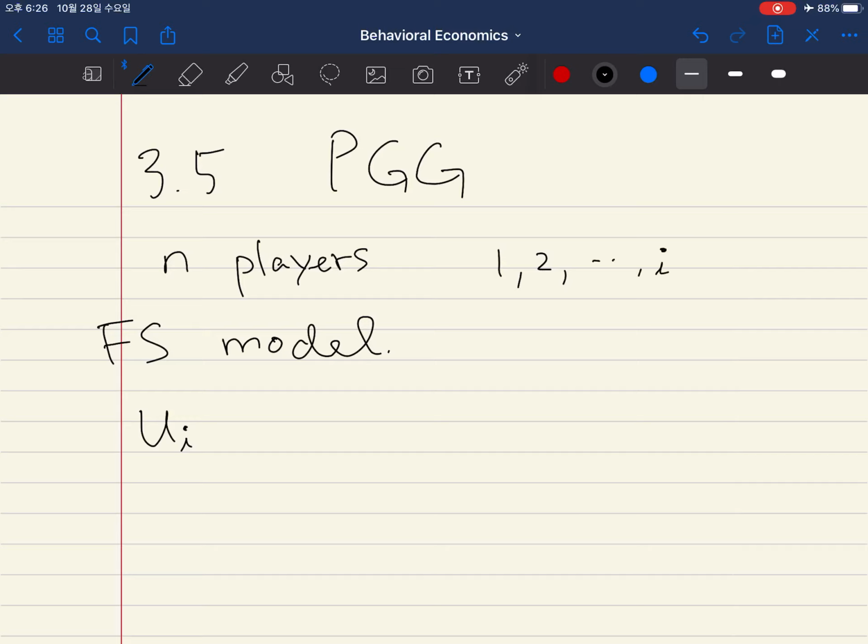And let's think about ith player. So if i is number 1, it means first player. If i is 3, it means third player. So think about ith player in this public game.